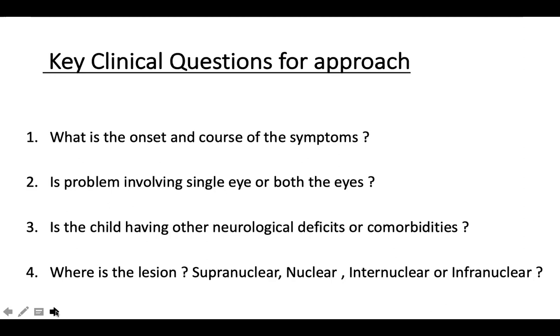But at each and every step, whether it's monocular or binocular, or whether the child has other neurological comorbidities, always think about anatomy. Where is the lesion? Is the lesion supranuclear, the cerebral cortex, cerebellum, basal ganglia, thalamus and their networks, or is it nuclear at the level of brainstem, or is it infranuclear at the level of cranial nerves? So these are some of the 4 key questions or anatomical questions that you need to keep in your mind to reach a diagnosis.